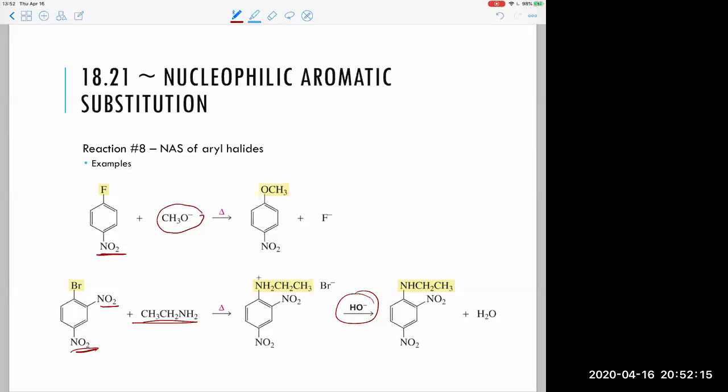All right, and then just for fun, what's going to happen if I take this and apply hydrogen in the presence of a palladium catalyst? Anybody?